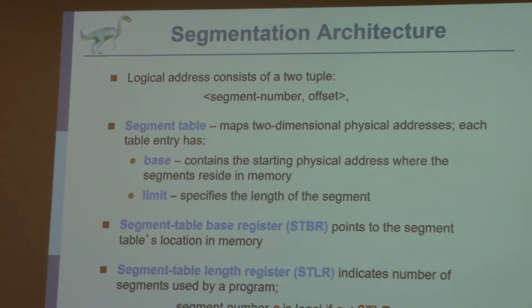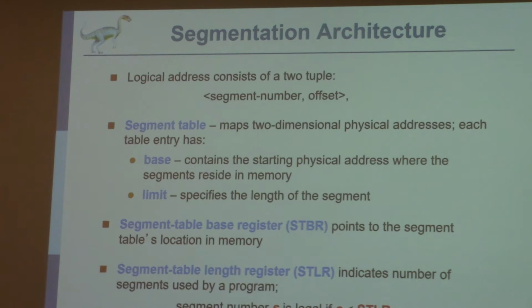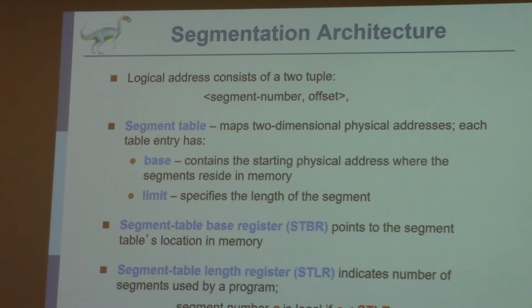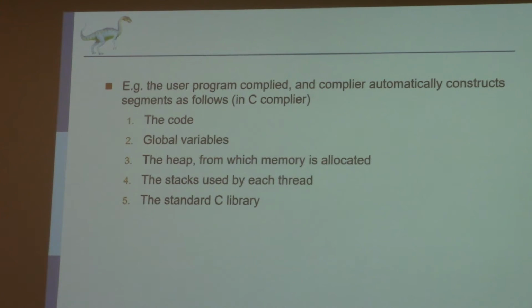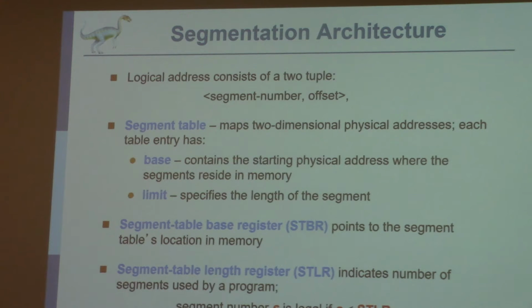It's a small chunk of the process, so we need to have the segment table. To manage that, we need to have other registers: the segment table base register, which is the starting address of the segment table, and the segment table length register, which is its size. Those are managed by your CPU. They are CPU registers.